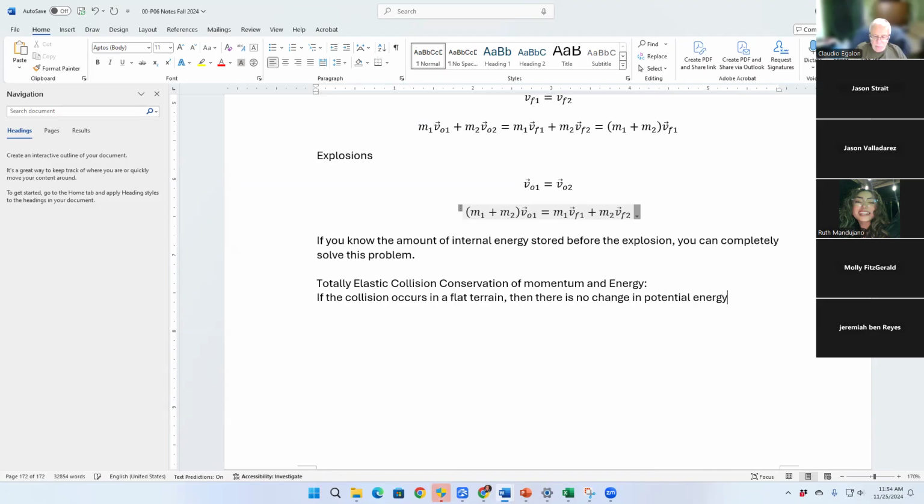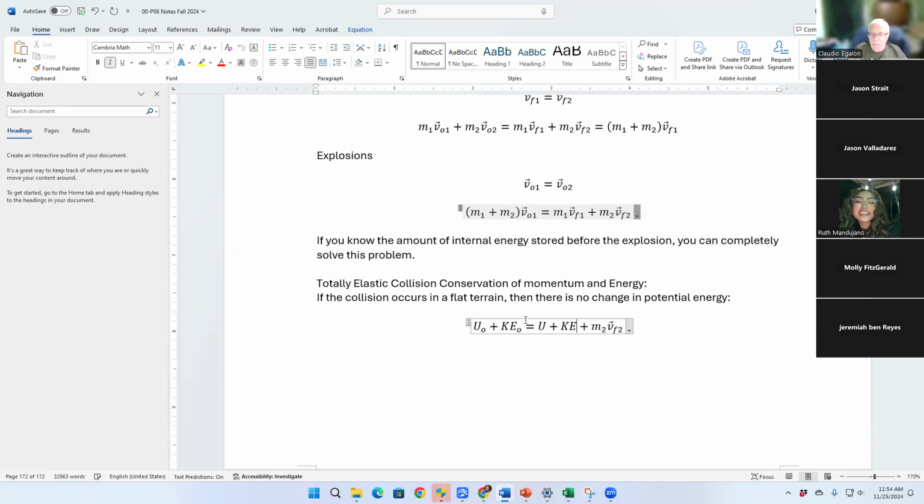So on the left side of the equation, initial potential energy plus initial kinetic energy is equal to final potential energy plus final kinetic energy.